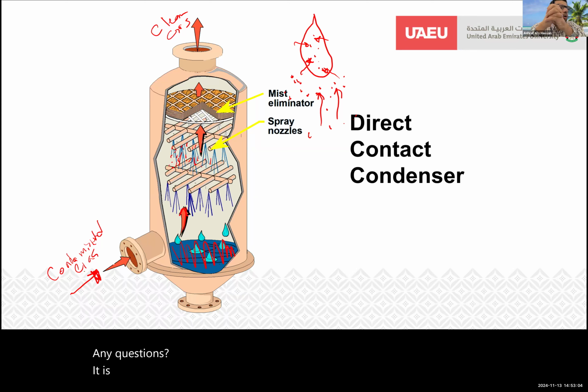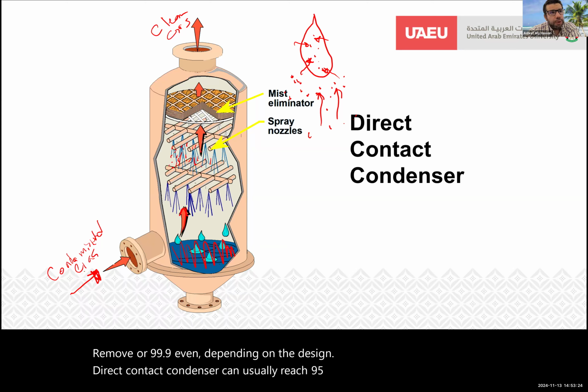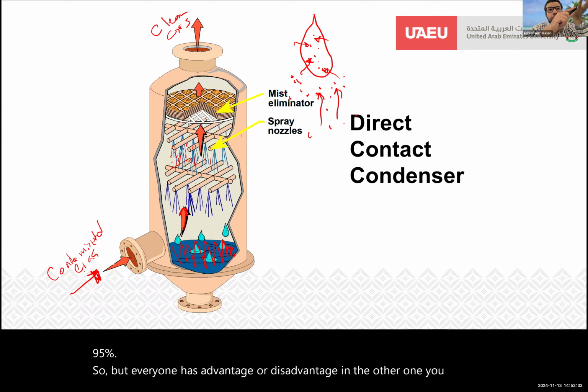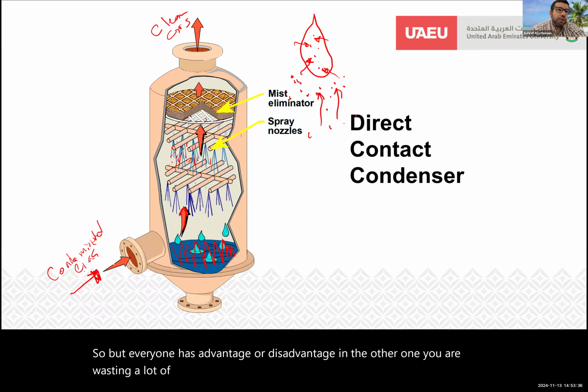Now, if you talk about a thermal oxidizer, you can reach up to 99% removal, or even 99.9%, depending on the design. A direct contact condenser can usually reach 95%. But everything has advantages and disadvantages. In the other one, you are wasting a lot of fuel, and the operation is not easy.